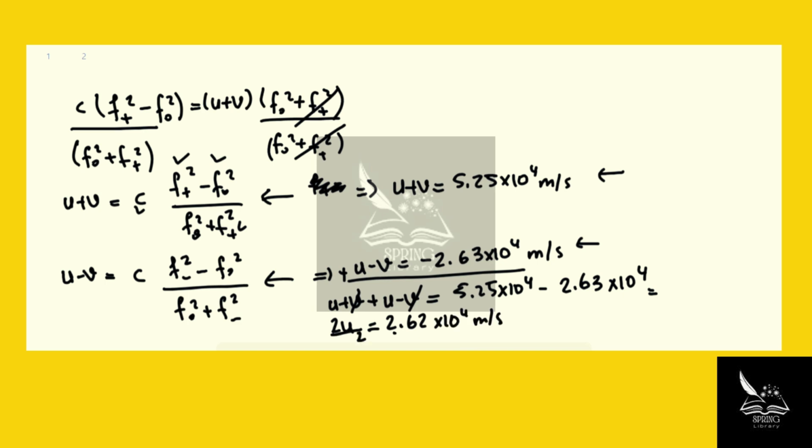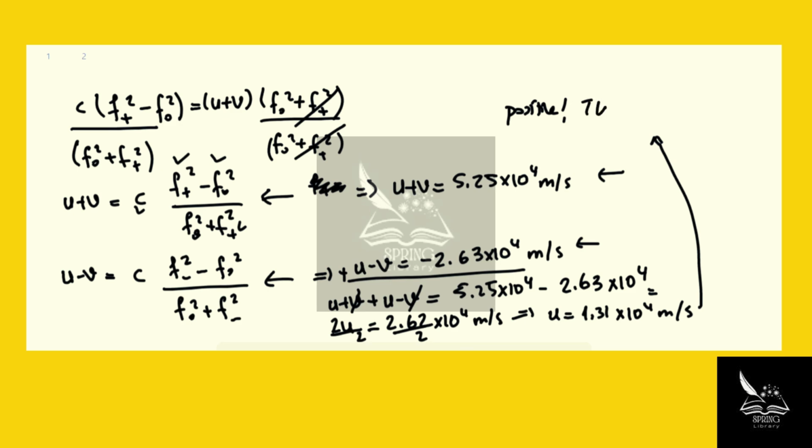So if we divide both sides by 2, then we're getting u to be 1.31 times 10 to the power of 4 meters per second. Again, it came out to be positive, right? Positive. This means the star system, the binary system, approaches the Earth, right?